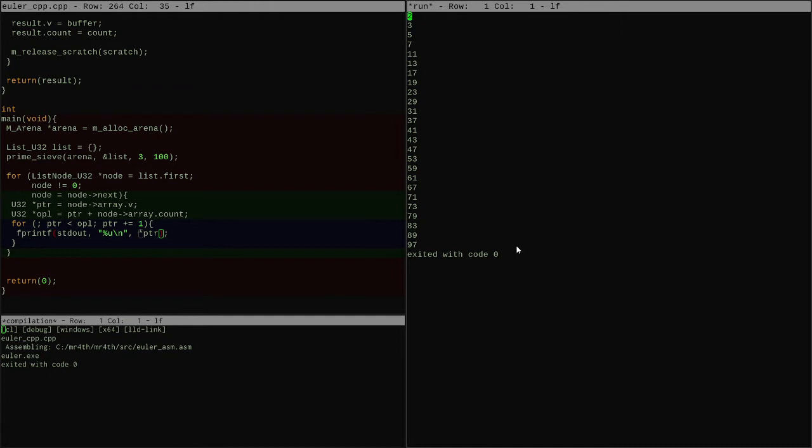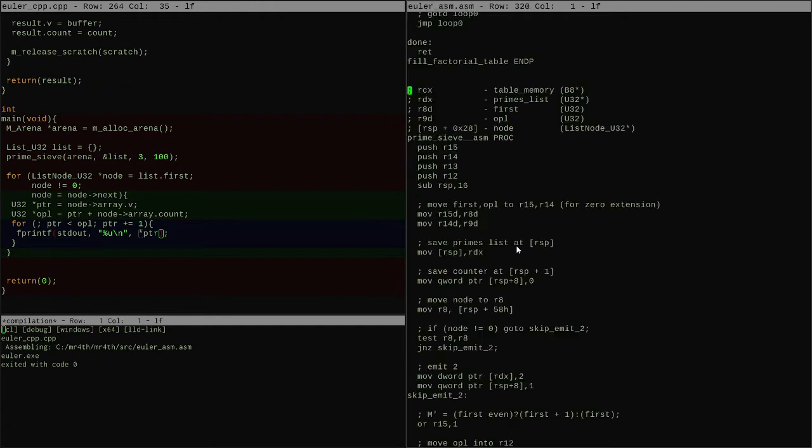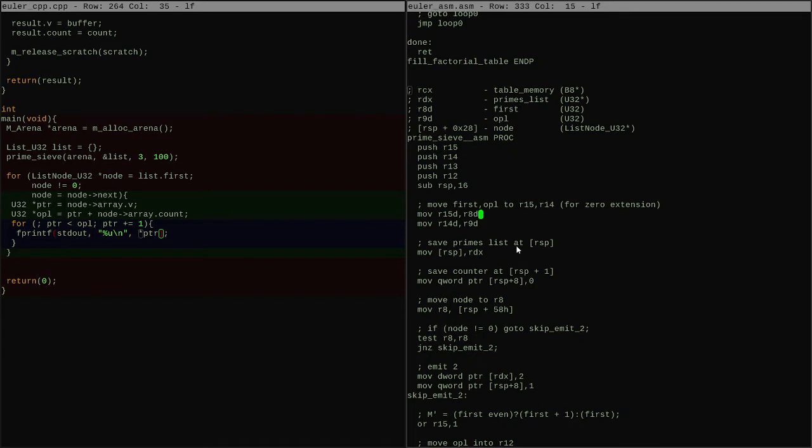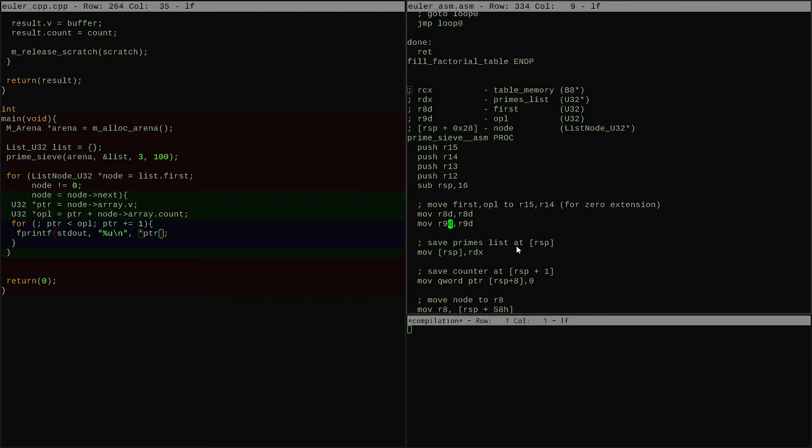Two, 3, 5, 7, 11, 13, 17, 19, 23, 29, 39, 97. Cool. I mean, maybe you could. I don't know if you can move something into itself. Let's try it out. Yeah, maybe that works.